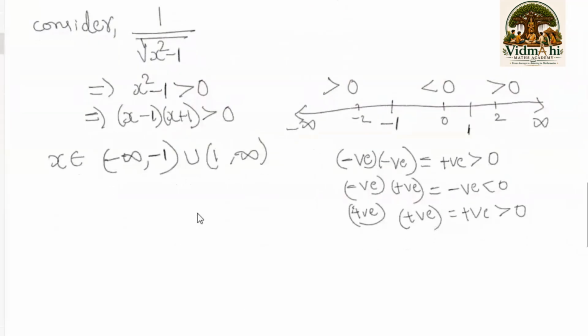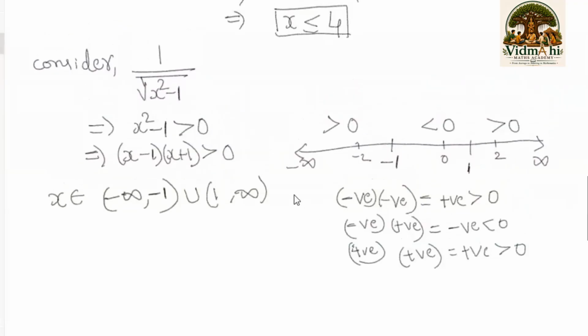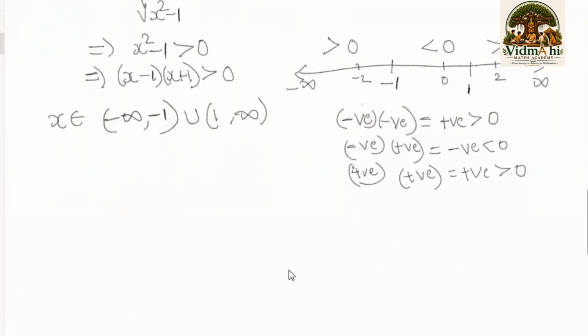Combining these two, consider the common interval. If we combine these two, we have to consider the common interval and write down the domain. So for that, consider a line. So this is minus 1, this is plus 1, and one more point is 4.